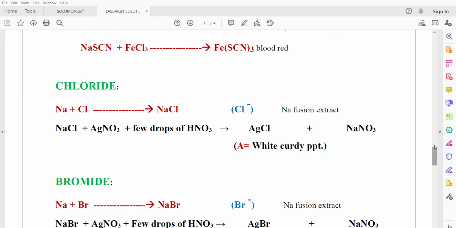For negative results, if all the above three tests are negative, it means: with sulfuric acid and ferrous sulfate you didn't observe any color, no Prussian blue color, nitrogen is absent.